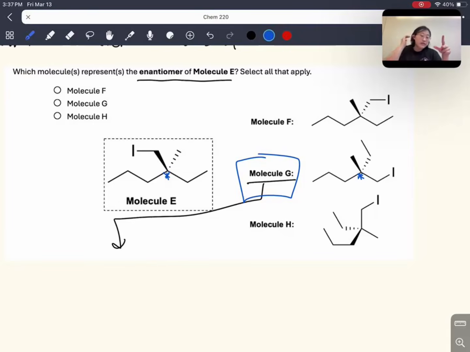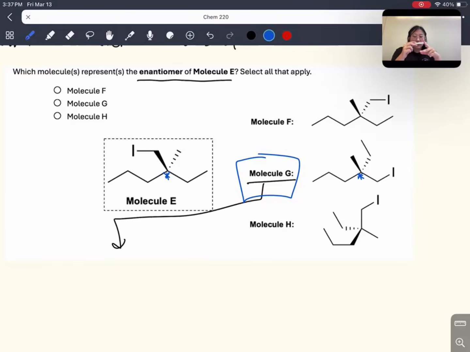Imagine your palm is your carbon, and your thumb would be whatever is pointing in the front. In this case, my thumb would be my methyl group because my methyl group is located on the wedge. My middle finger pointing in the back would be my ethyl group because it's pointing in the back, and my in-plane substituent, which is my pointer finger, would be my I group because it's in plane.